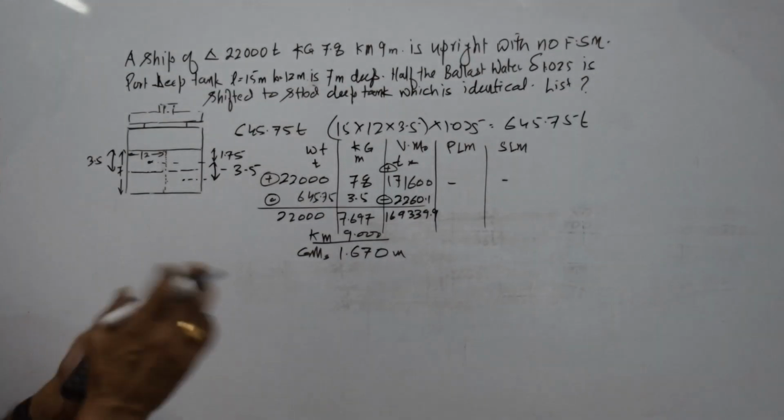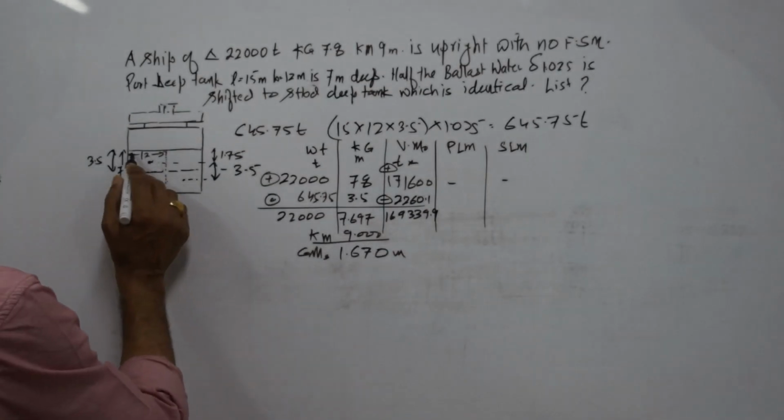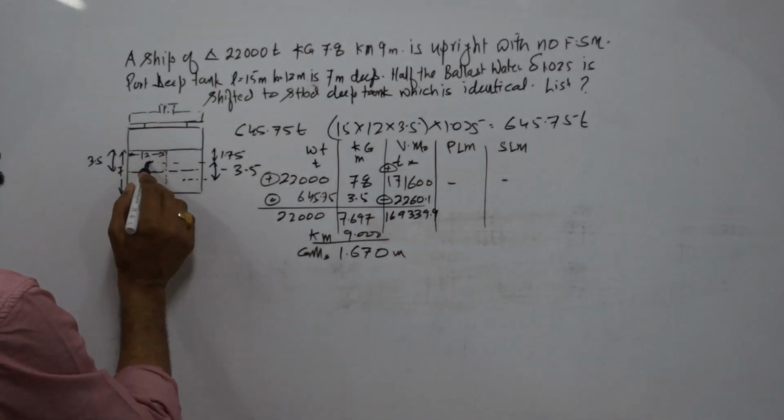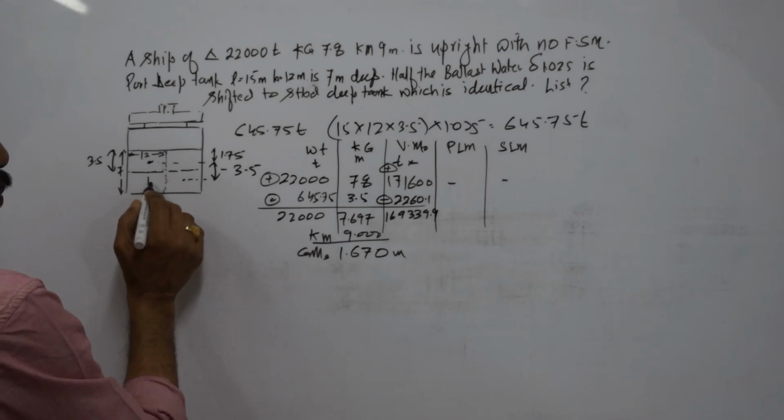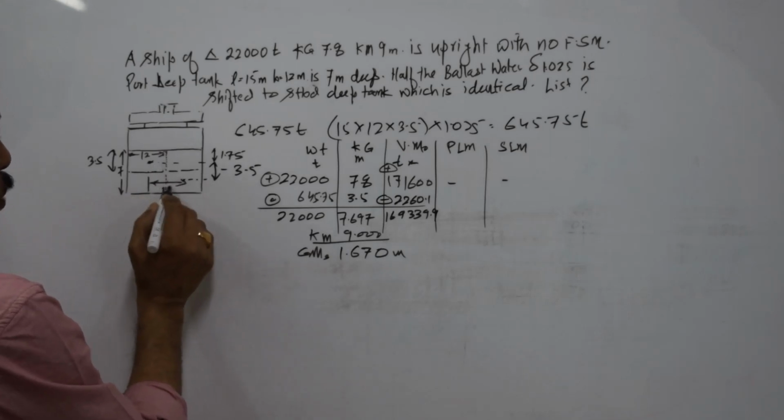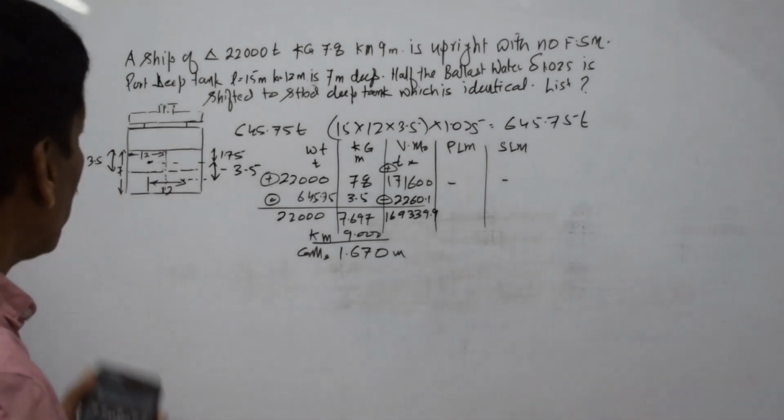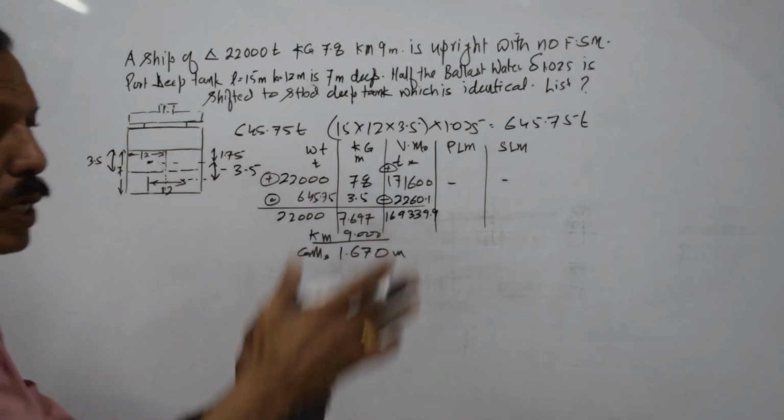Now let us say we have shifted a weight sideways. This distance from here to here is 12 meters, so from here to here is 6 meters. From centroid to centroid the shift will be 12 meters. We are shifting the liquid from port side to starboard side.